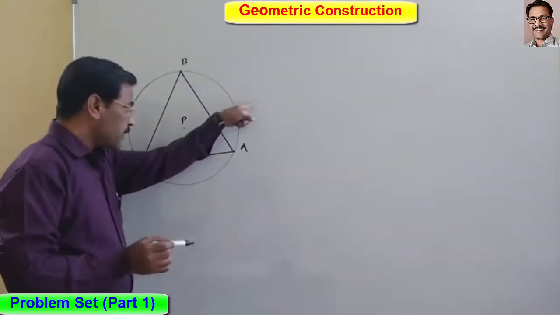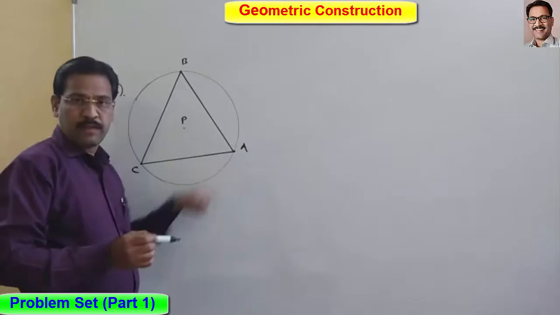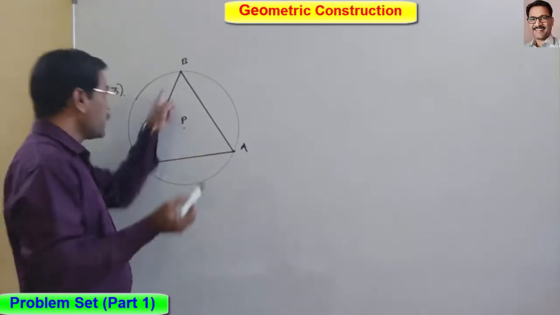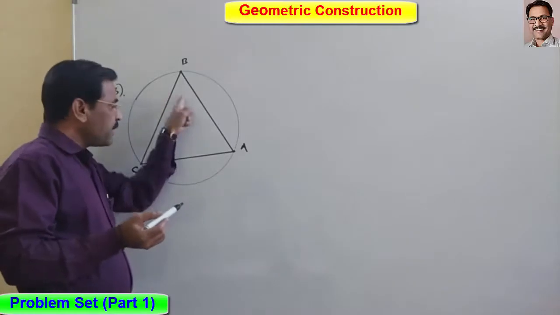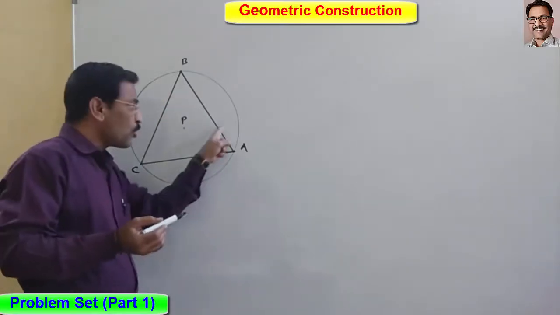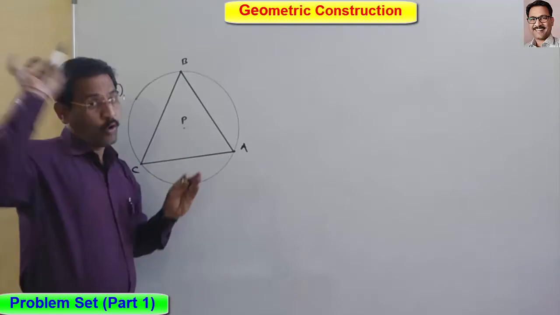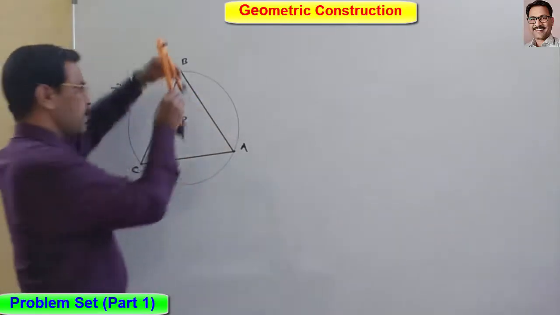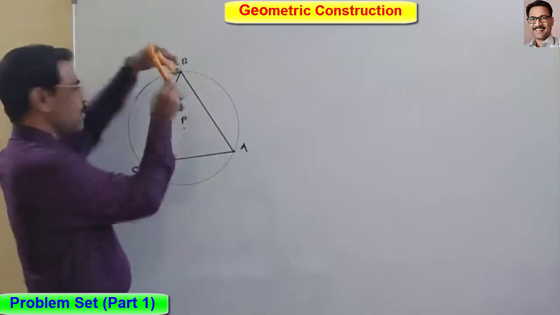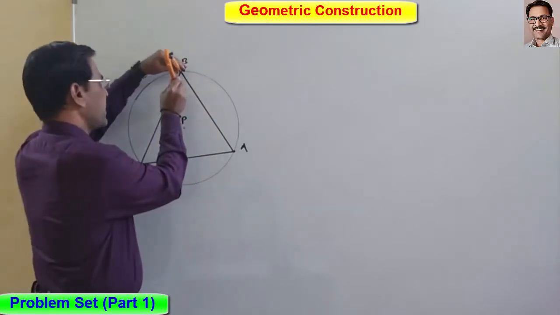Yes, here the line should be like this one. We know here one angle we have to take. That arc is here, and the same distance here also. Don't draw this side. Why? Already we discussed. Very simple part here. Just take some distance in the compass and try to draw an arc here.